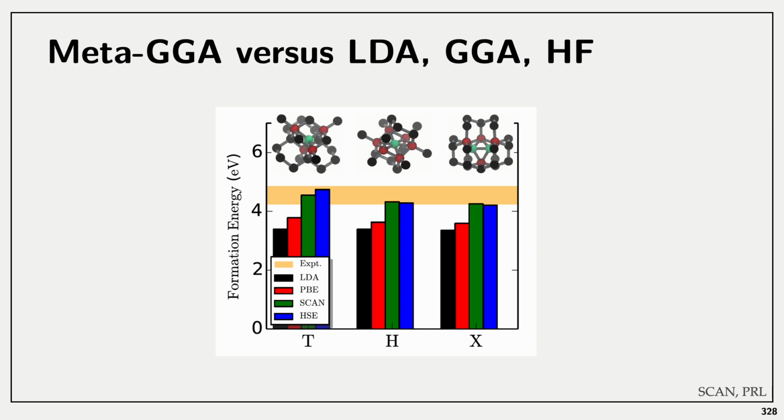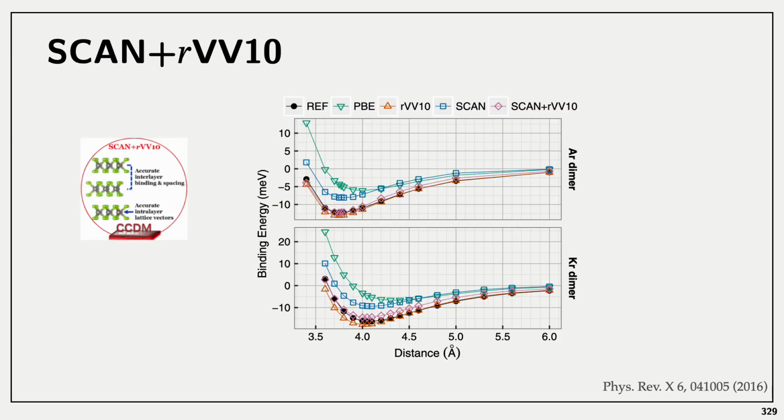So as I mentioned to you, SCAN can also encapsulate some of the van der Waals interaction. This is a busy plot, so let's just focus on the argon dimer. The reference is in black. It's the bottom curve that's behind the red and purple ones. The curve with the red triangles is a van der Waals functional, rVV10, doing pretty well.